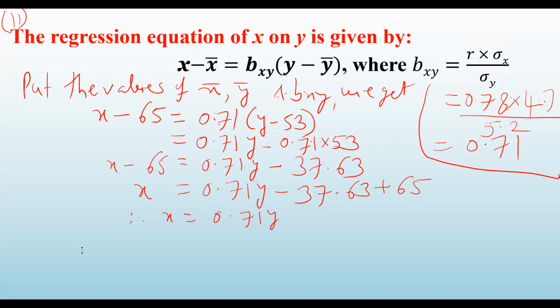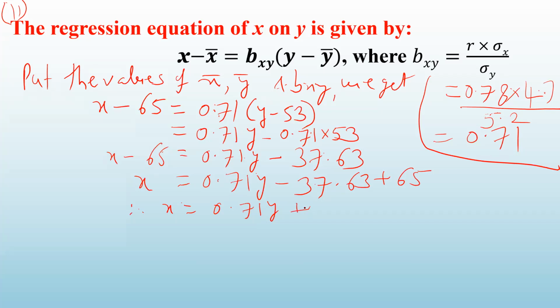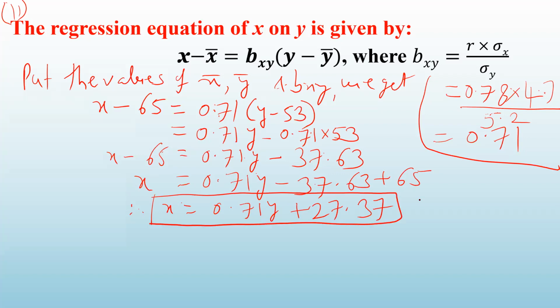Minus 37.63 plus 65 gives you 27.37. So this is plus 27.37.